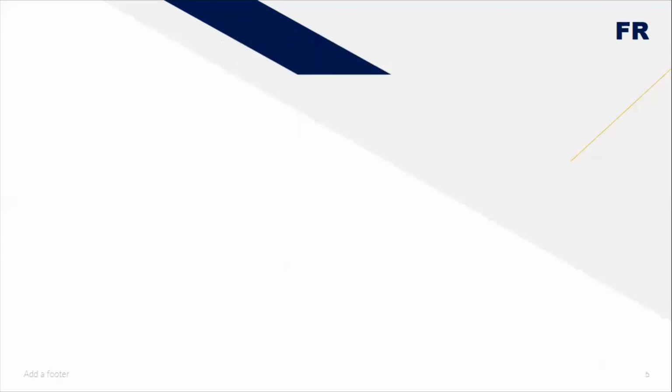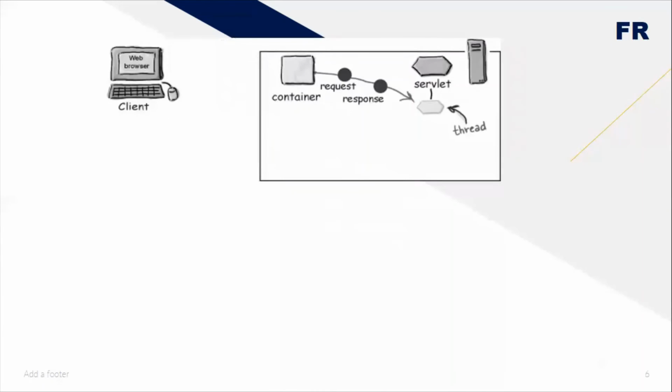And then the container finds the correct servlet based on the URL in the request, and creates or allocates a thread for the request and passes the request and response objects to the servlet thread.